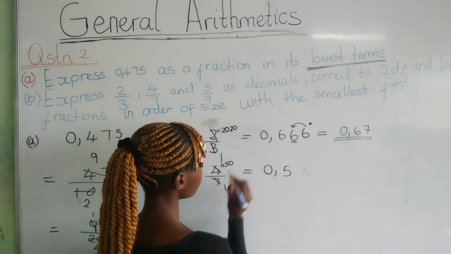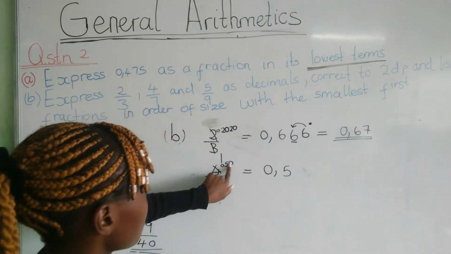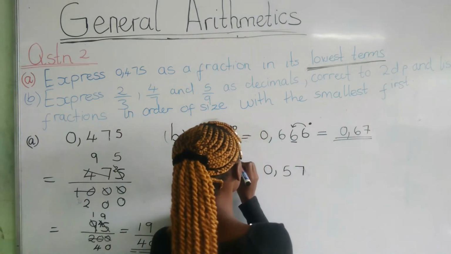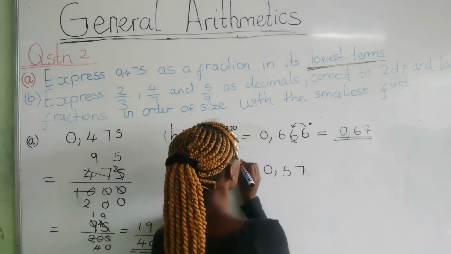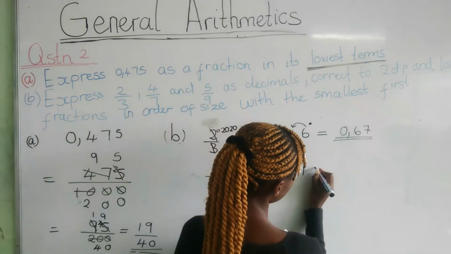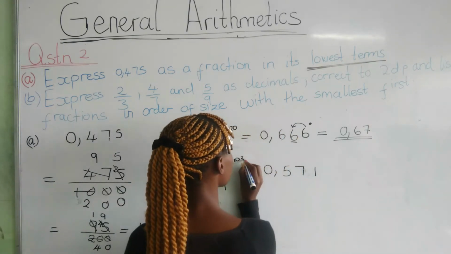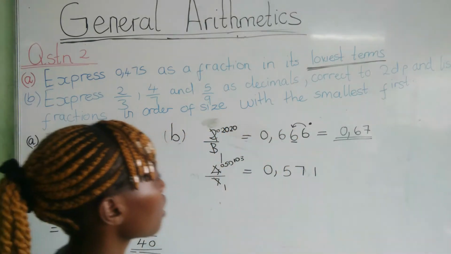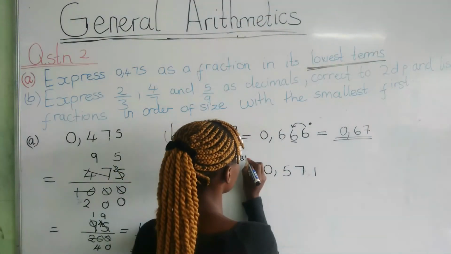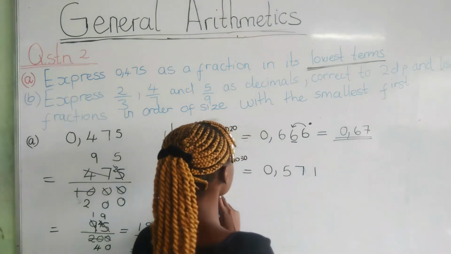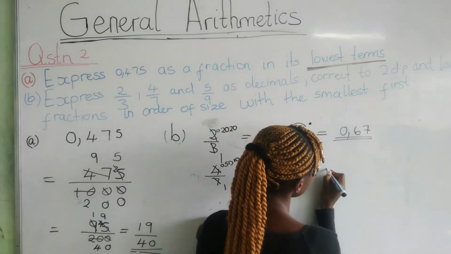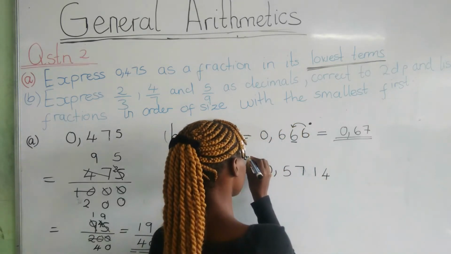We add a 0. 7 into 50, it's 7, leaving a remainder of 1 here. We add another 0. 7 into 10 is 1, leaving a remainder of 3. We put another 0 here. 7 into 30 gives us 4, leaving a remainder of 2.